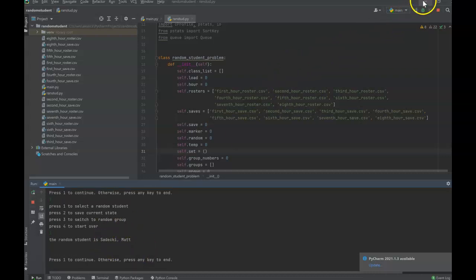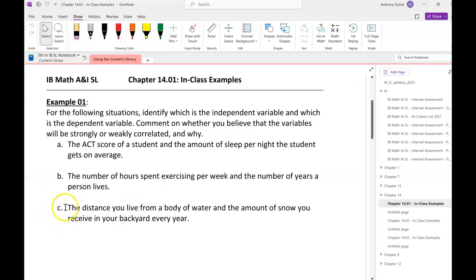Matt, you are next. The distance you live from a body of water and the amount of snow you receive in your backyard every year. Yeah, I didn't hear you say it again. The distance you live from a body of water and the amount of snow you receive in your backyard every year. Which one is the independent?